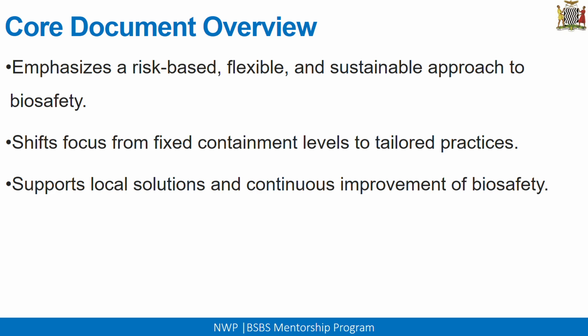But now there's more of a tailored practice, and the containment levels are based on the risks that are determined from the facility before you place that laboratory or organization into a specific biocontainment facility feature. So now there's a shift from biosafety levels 1, 2, 3, and 4 to core requirements, heightened control measures, and maximum control measures. Then it supports local solutions and continuous improvement of biosafety.